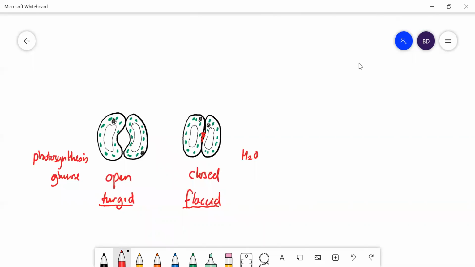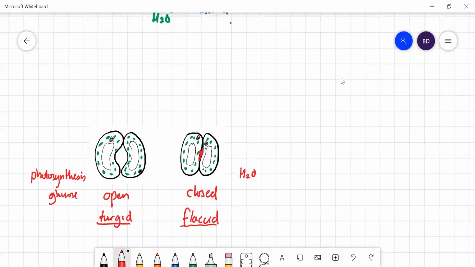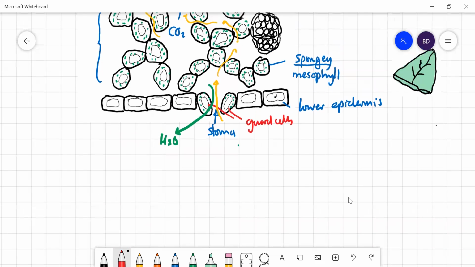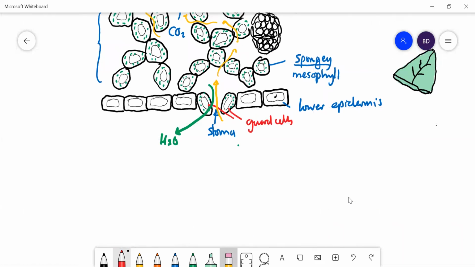So guard cells are pretty specialized cells. They're found around the stoma. They're unusual in that they do have chloroplasts, because most of the cells in the lower epidermis don't, and they're involved in controlling the opening and closing of the stoma.